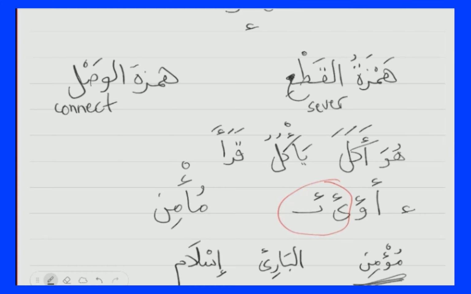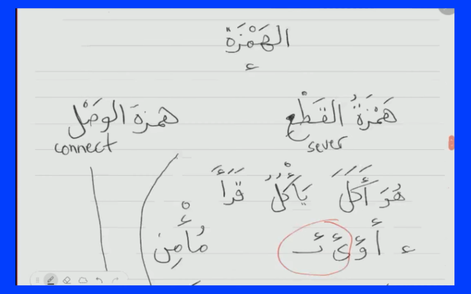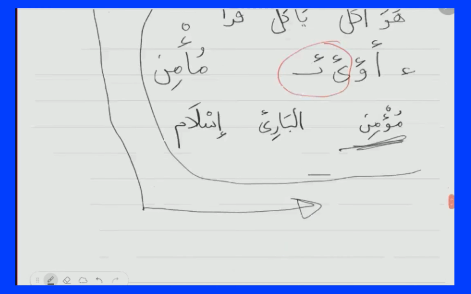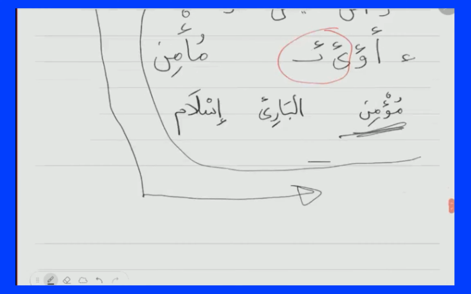Hamzatul wasl is a hamza that you only pronounce when you start with it, and you never pronounce it otherwise. For example, al, you say Allah.